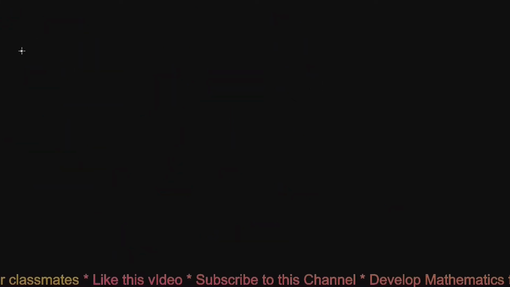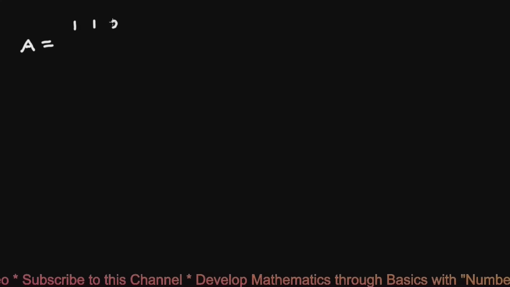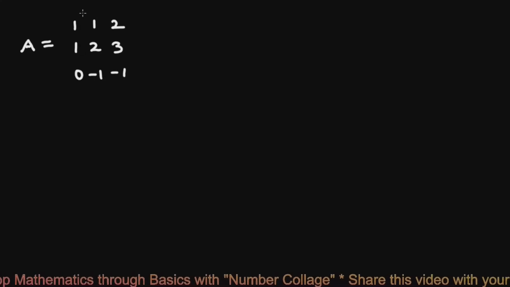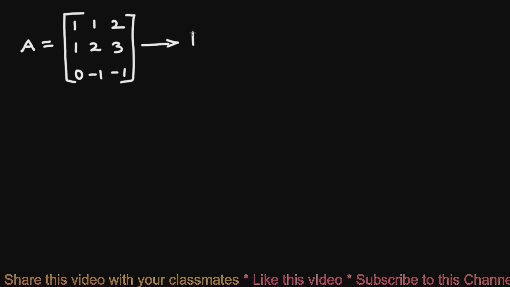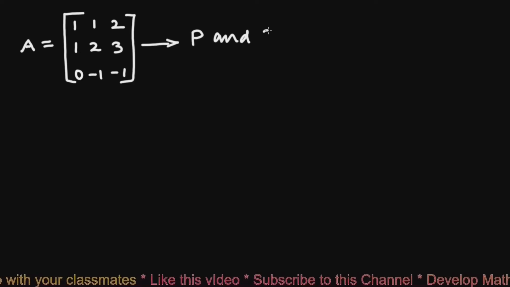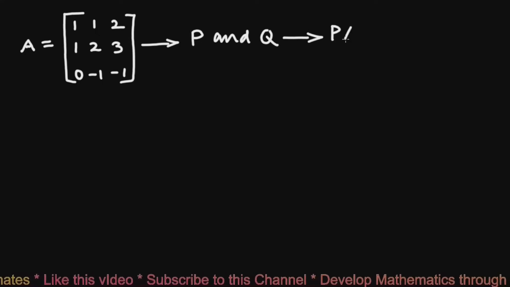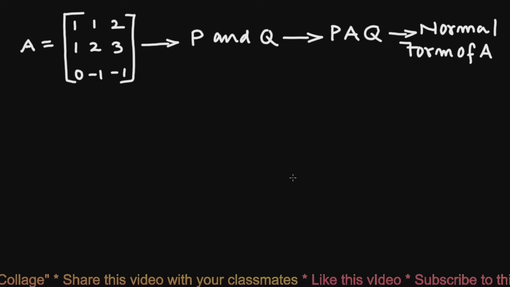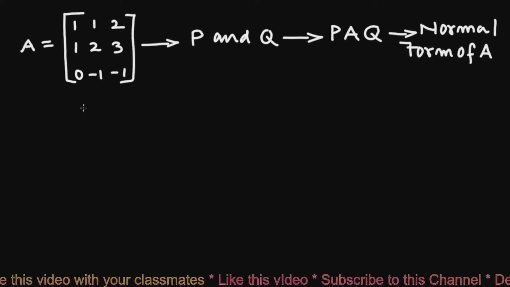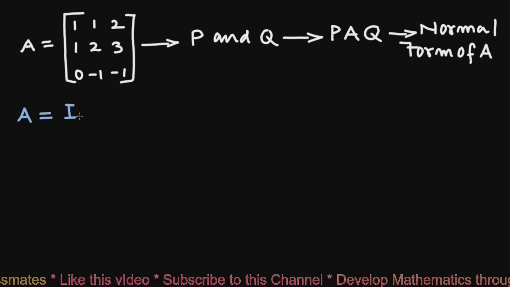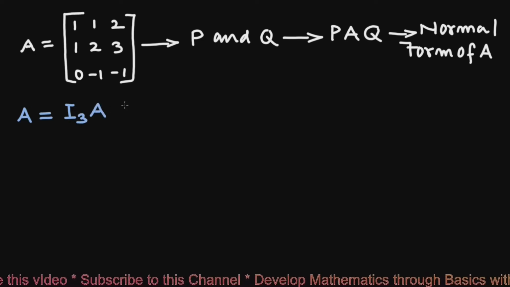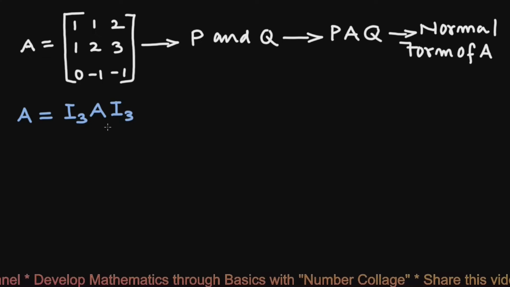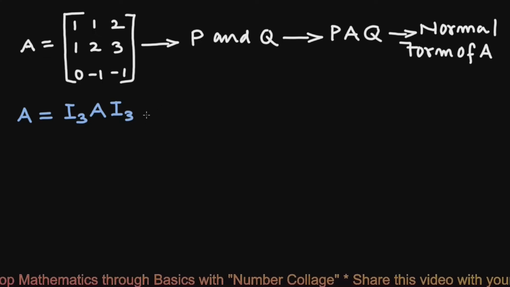For the given matrix A, [1 1 2; 1 2 3; 0 -1 -1], we have to find non-singular matrices P and Q such that PAQ is the normal form of A. So we start by writing A equals I3, the prefactor of A, and I3, the post factor of A. I3 is a unit matrix of order 3.